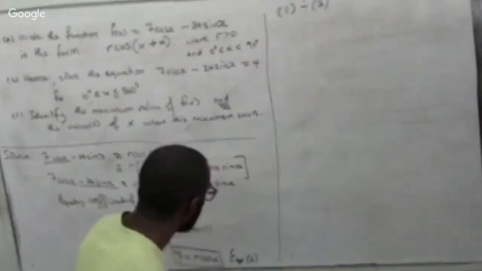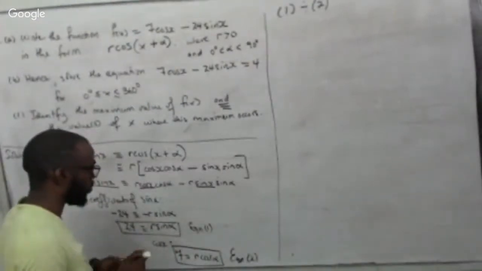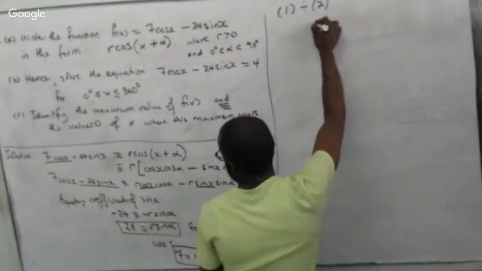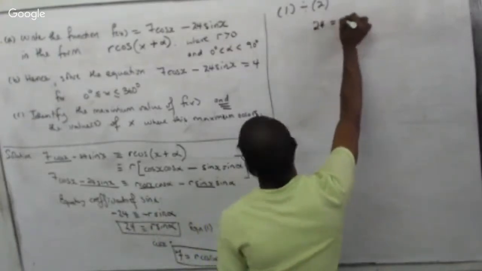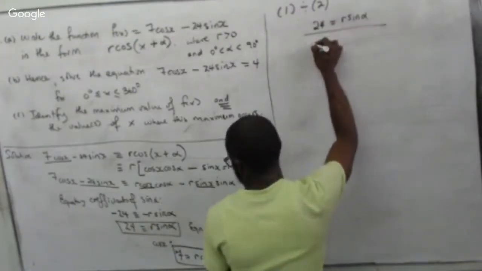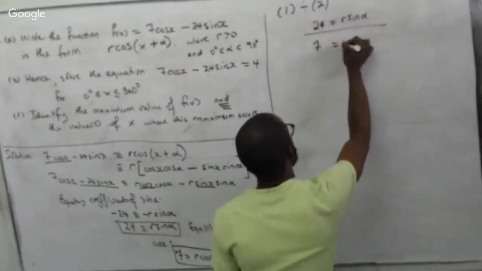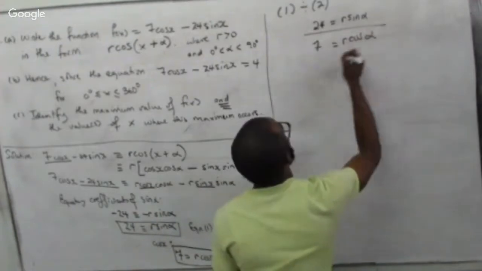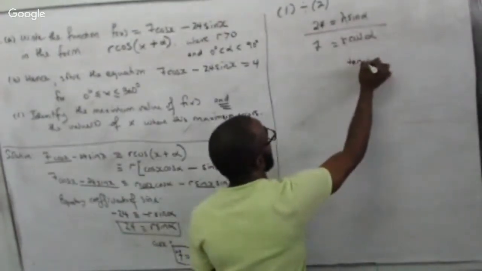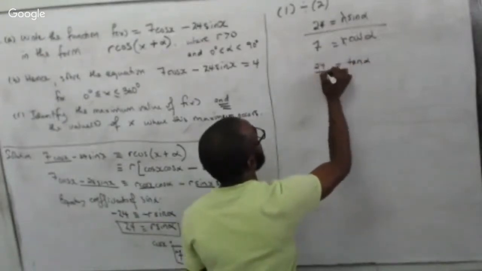I'm using 1 divided by 2 because my equation 1 has sine in it. So I'm going to get 24 equal to R sine alpha all over 7 equal to R cosine alpha. In that case, the R cancels, giving tangent of alpha equal to 24 upon 7.